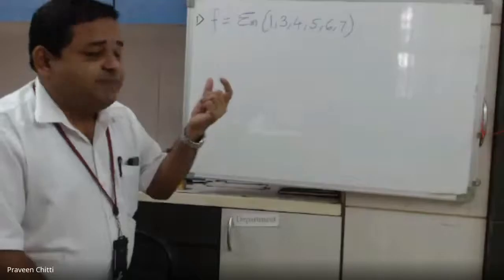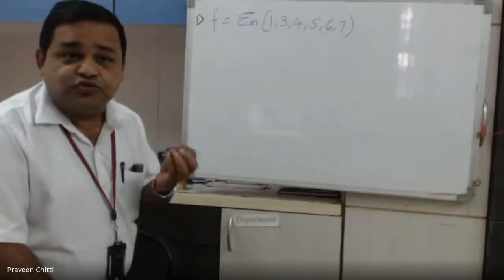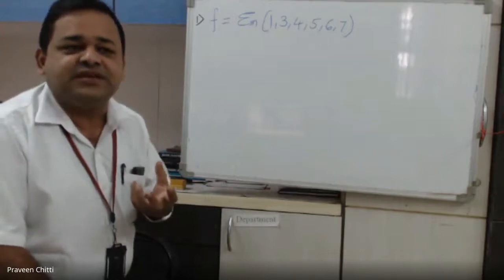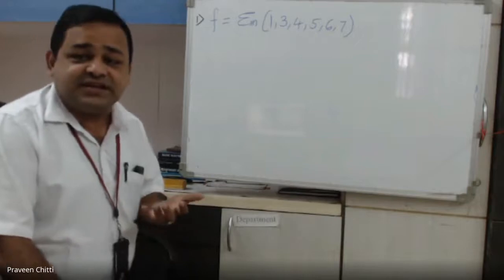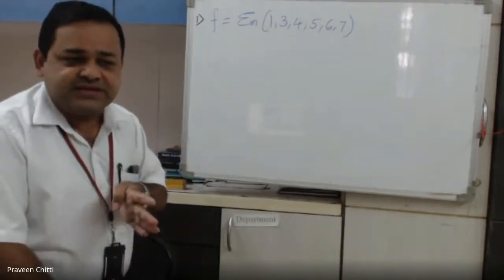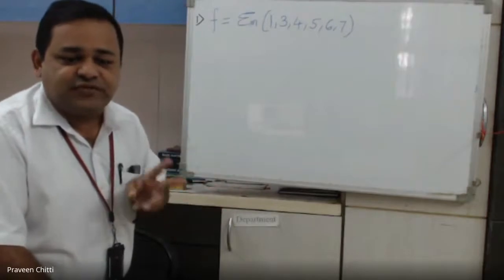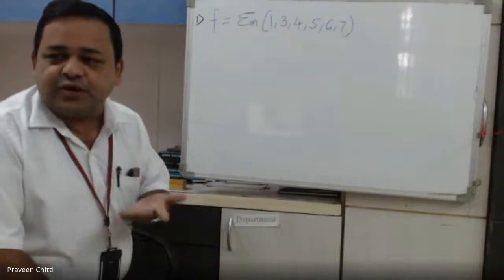Are you getting it? The maximum minterm that you have to represent here is 7. So to represent 7, compulsorily we need 3 variables. If you have 0 to 7, we need 3 variables. Similarly, 0 to 3, we need 2 variables. Like that, 0 to 15, we need 4 variables.